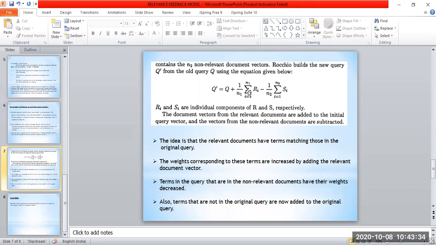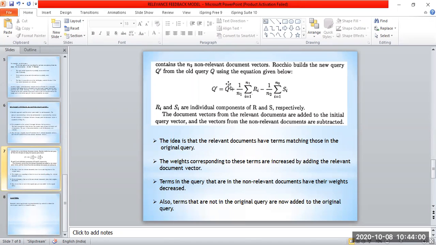So you'll think that okay, this term may be important. So you will add the term from the relevant document to the query. Actually the term is not there in the query, but you are adding it because the term appears more times or appears frequently.